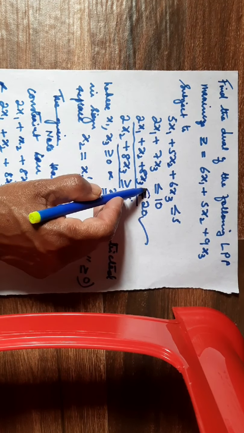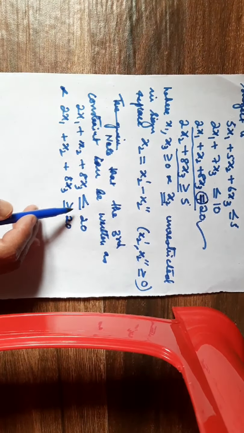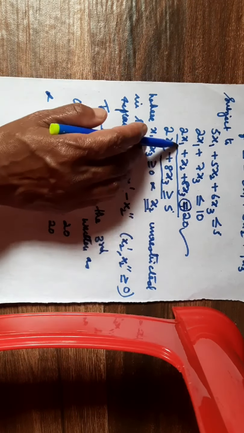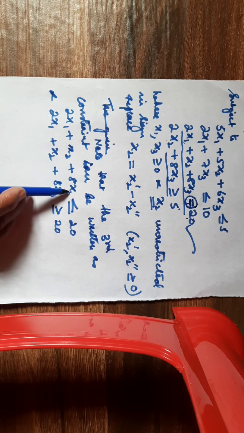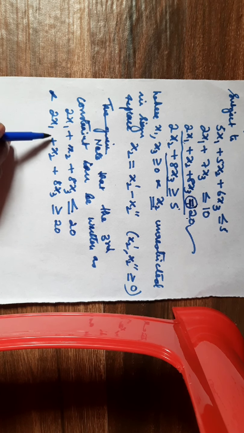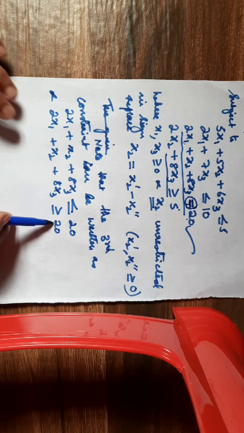That means first of all you replace this equality sign by the inequality signs less or equal and greater or equal. So this third constraint can be written now as 2x1 plus x2 plus 8x3 less or equal to 20, and 2x1 plus x2 plus 8x3 greater or equal to 20.